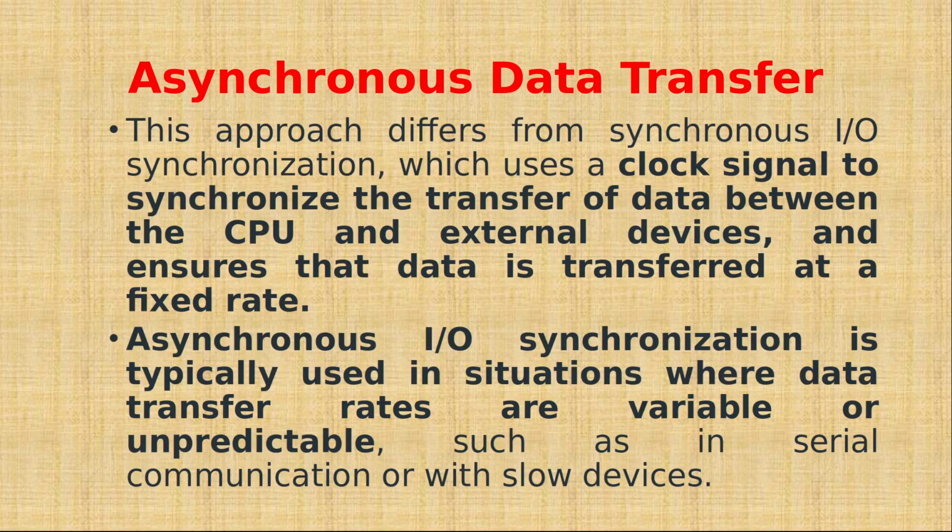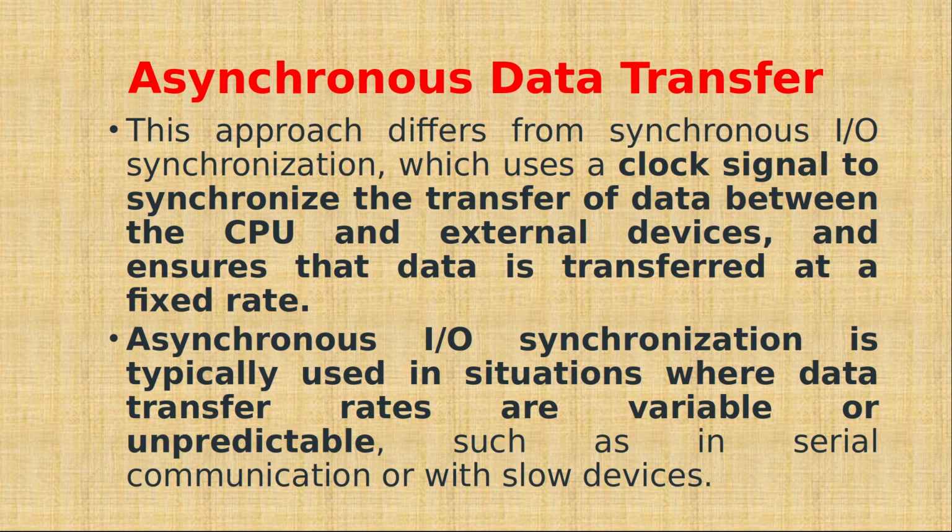In this slide, we explain the difference between synchronous and asynchronous data transfer. What is synchronous transfer? Synchronous transfer means a clock pulse is attached to both the CPU and external devices, so every second is monitored, and how much data is transferred is known. This approach is called the synchronous approach.